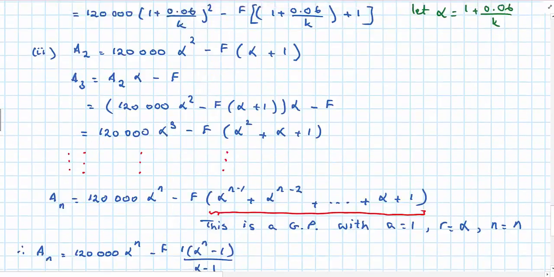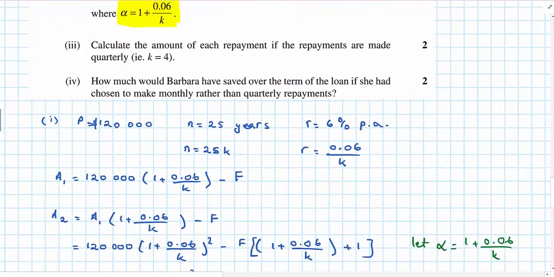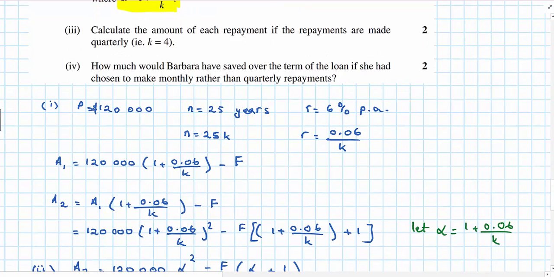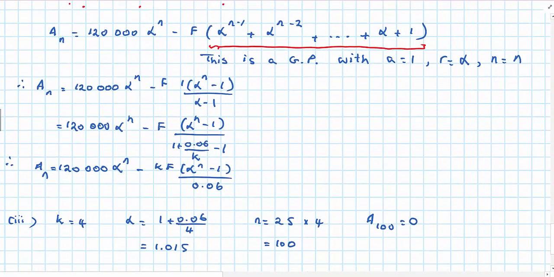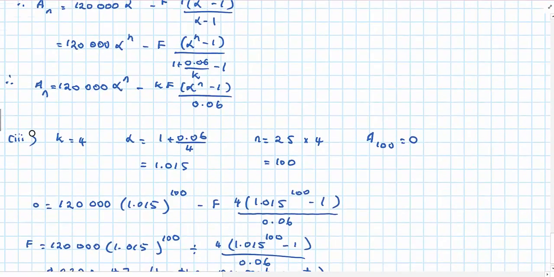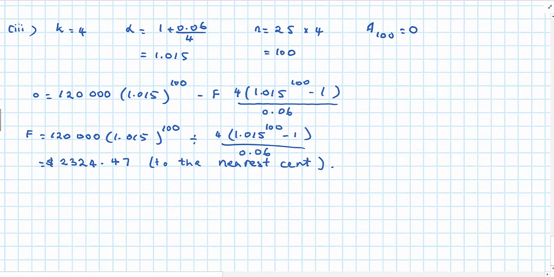Okay, last part. How much would Barbara have saved over the term of the loan if she had chosen to make monthly rather than quarterly repayments? So we now need to do the calculation with monthly repayments and compare our result for monthly as opposed to quarterly. What we're looking for is how much she would have saved for the duration of the loan, not just per month.